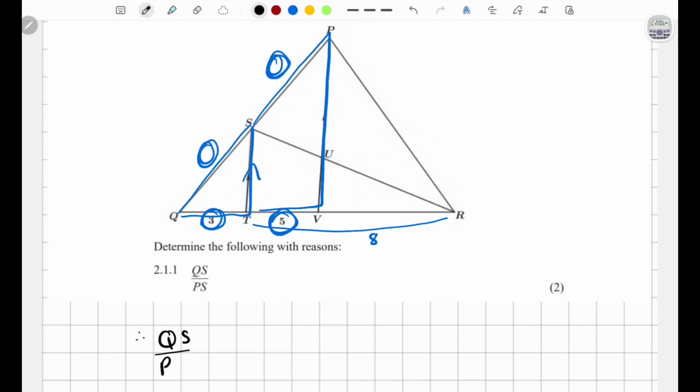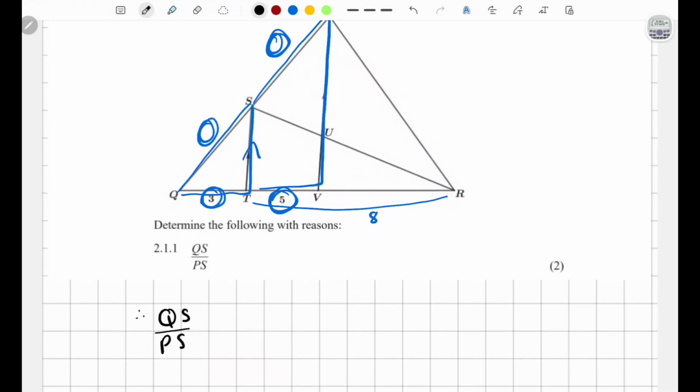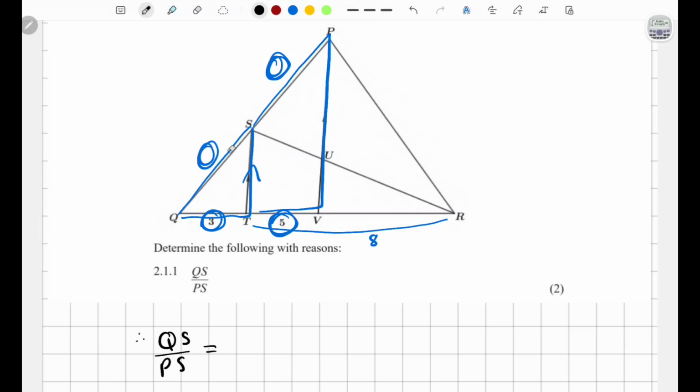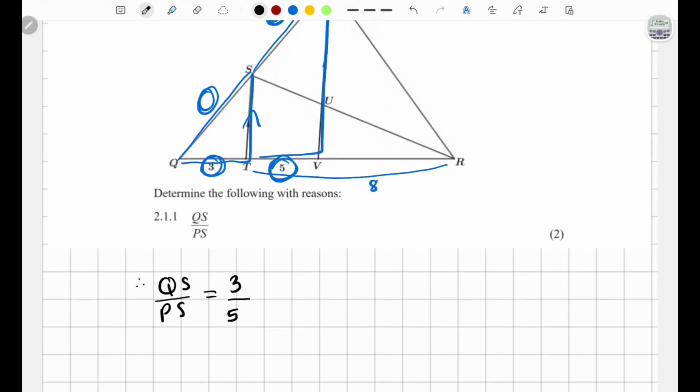QS over PS is equal to, that ratio will take whatever ratio is there. That is 3, but that is a length, over 5. The reason I said it will take whatever ratio, I know that this is a side, but in this one, these lengths happen to be lengths that didn't really simplify with each other. 3 and 5 don't have anything in common.